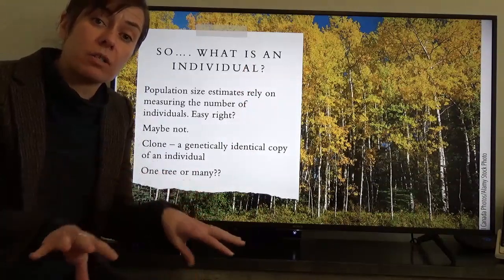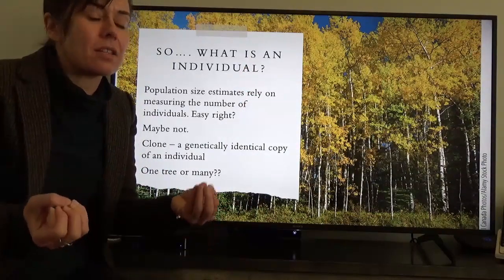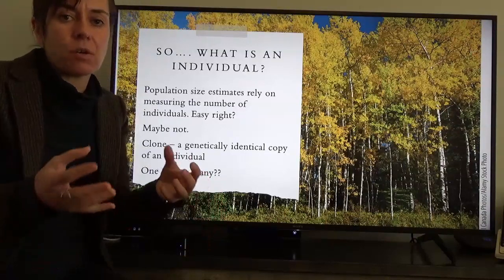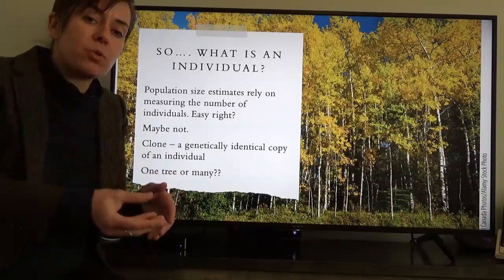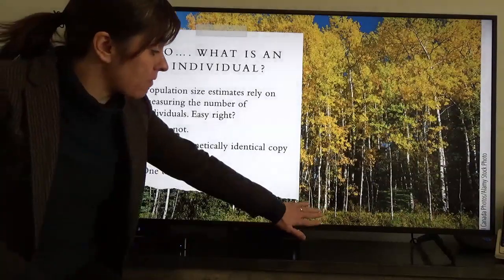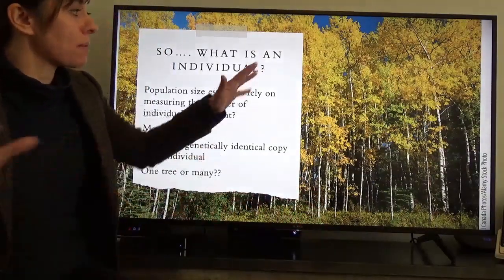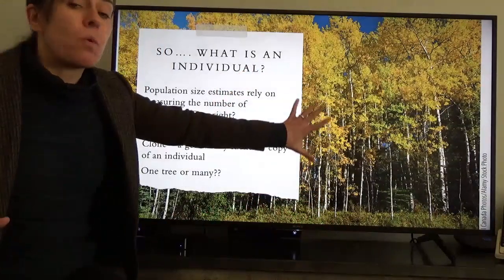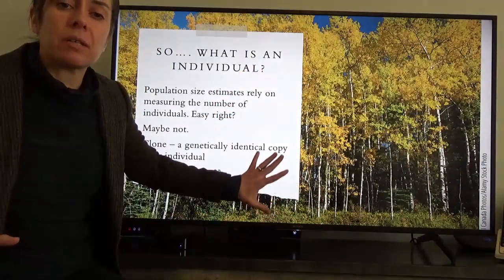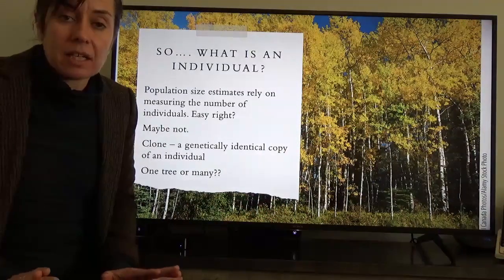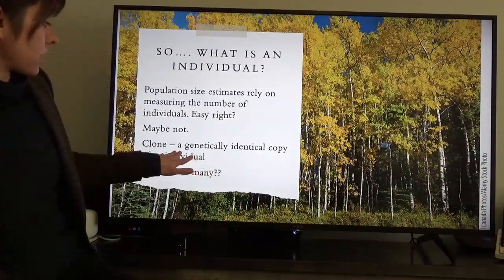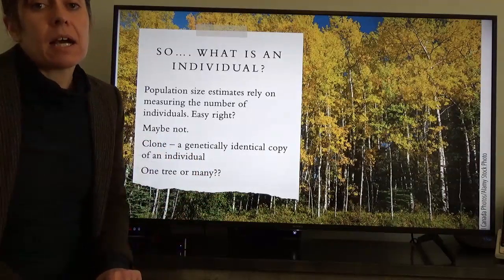On its roots are all of these buds that are really active, and the buds can produce new individuals, new suckers that come up and form new stems. And so sometimes with aspen, you'll have a grove where every single individual in the population, in that grove, is genetically identical. They're clones of one another, okay?